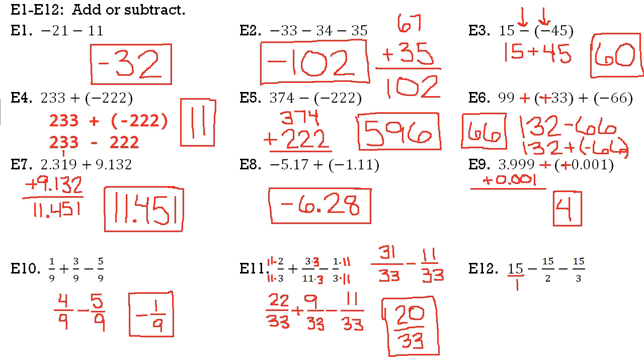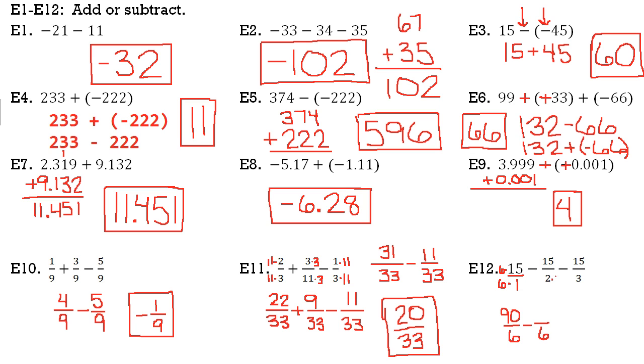So in this case, 1, 2, and 3. If I want to make a common denominator out of the 3 of these, the common denominator is going to be 6. So we'll start with these first two, and we are going to get 15 times 6, which would be 90 over 6. 90 over 6 is the same as 15.